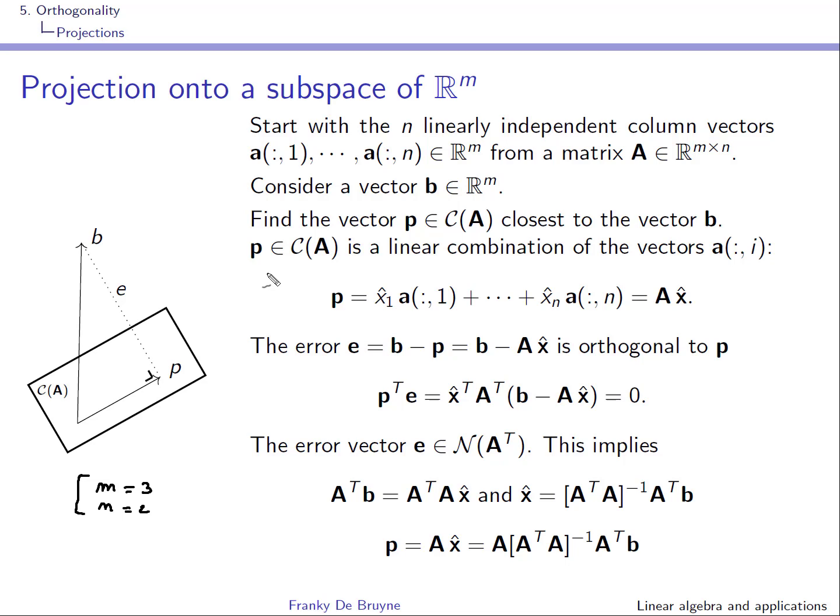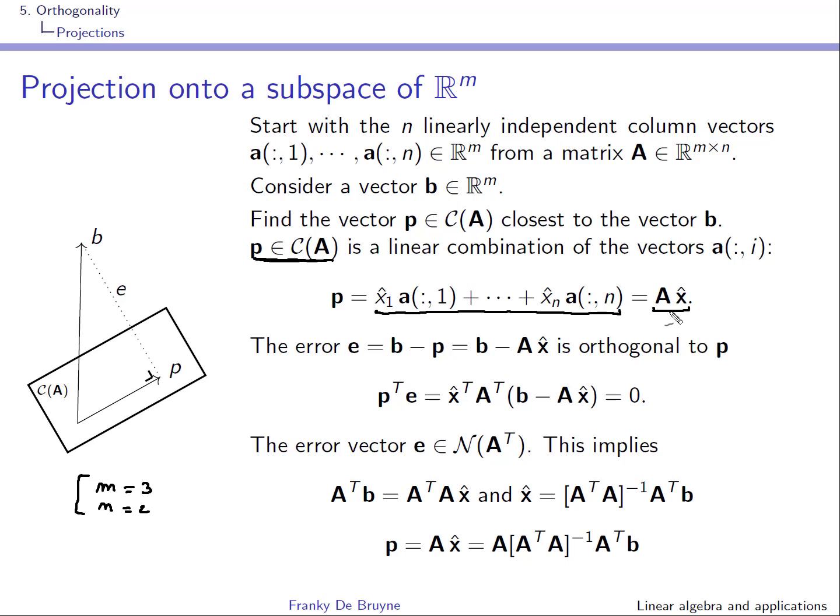We are interested in the projection of B onto the column space of A, and this will be the vector P. Obviously P, since it's a vector of the column space, can be written as a linear combination of the columns of A: x1 hat times the first column plus x2 hat times the second column, and so on.